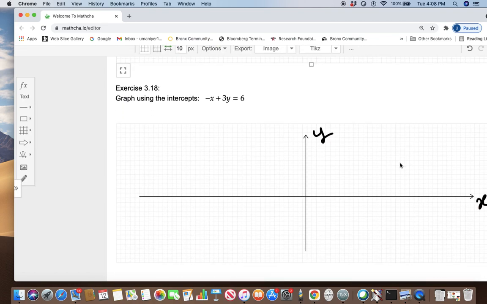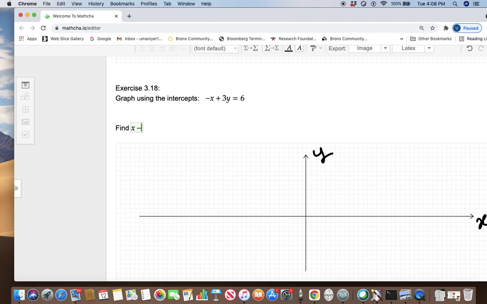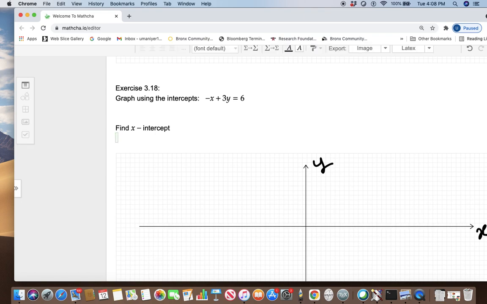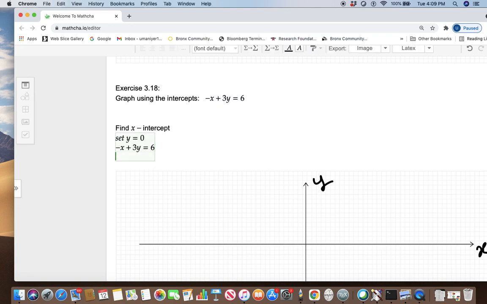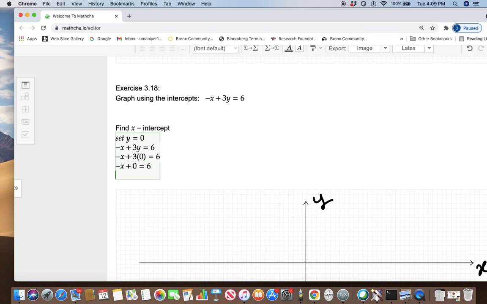Let's try one more problem. Negative x plus 3y equals 6. Find the x-intercept. How do you find the x-intercept? Set y equals 0. Where do you set y equals 0? In your original equation. Negative x plus 3 times 0 equals 6. 3 times 0 is 0. Negative x plus 0 equals 6.